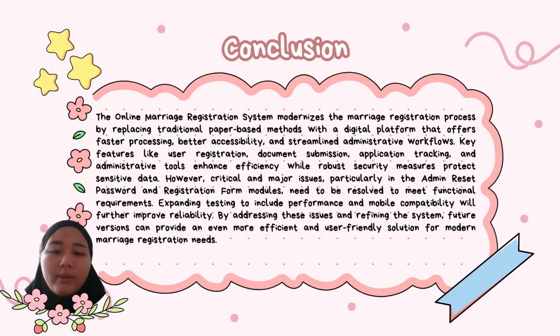However, critical and major issues, particularly in the admin reset password and registration form modules, need to be resolved to meet functional requirements. Expanding testing to include performance and mobile compatibility will further improve reliability. By addressing these issues and refining the system, future versions can provide an even more efficient and user-friendly solution for modern marriage registration needs.